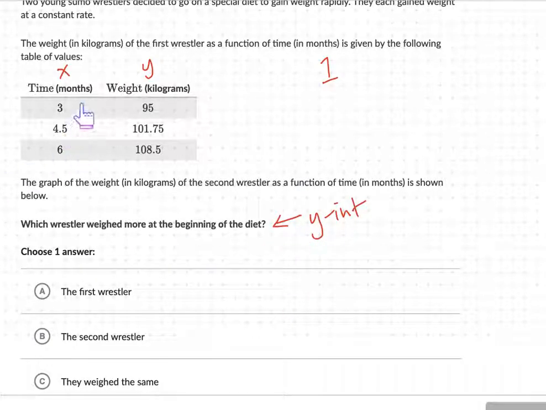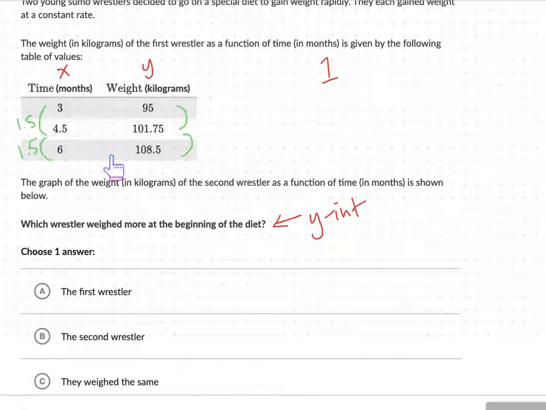For the y-intercept on a table, you're going to have to figure out the pattern. So how much is it changing each time? Okay, so this is going up by 1.5. Between 4.5 and 6 is also 1.5. If you don't know it off the top of your head, you can take out a calculator.